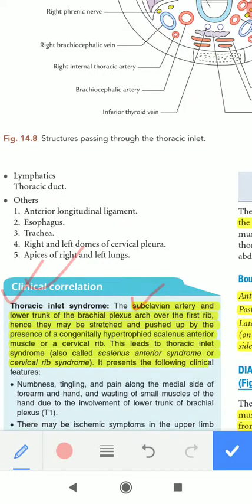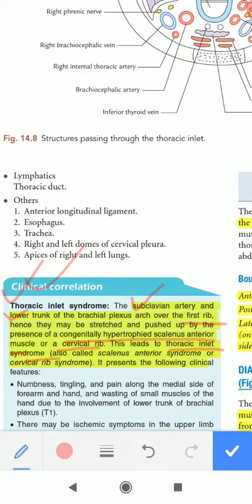The subclavian artery and lower trunk of the brachial plexus, these two structures that arch over the first rib, we have already seen. Hence they may be stretched and pushed up by the presence of a congenital hypertrophied scalenus anterior muscle. So if the scalenus anterior muscle is congenitally bigger, that means hypertrophied, or if there is a cervical rib, this will lead to thoracic inlet syndrome.